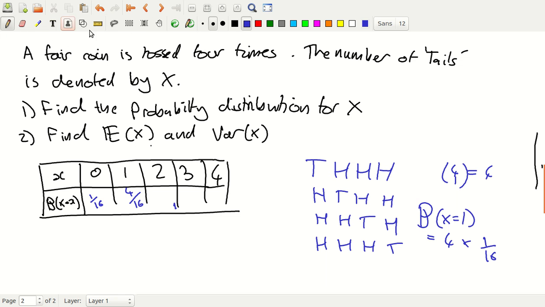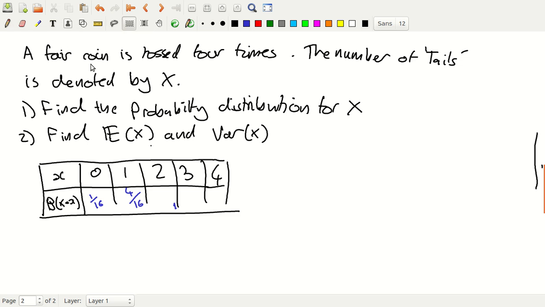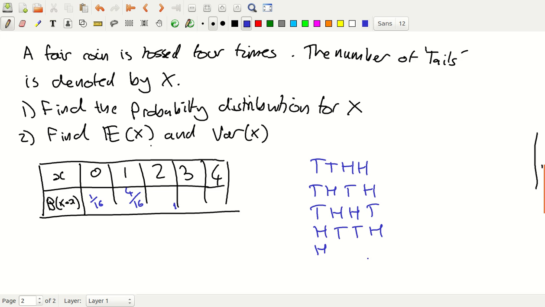Okay, so let's continue on that theme. How many ways could you get exactly 2 tails? Well, we could list all the ways it can happen. I'm writing them here in reverse alphabetical order to make sure I don't miss any. So here they are. And if you do this, you'll discover that there are 6 of them.